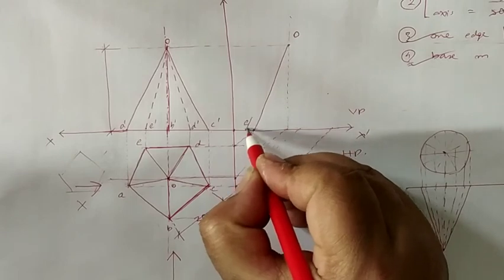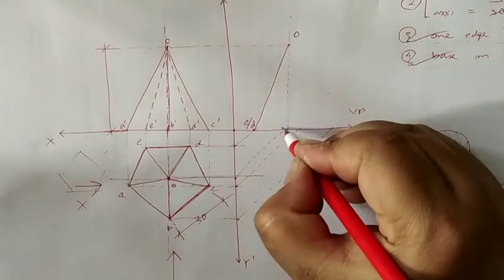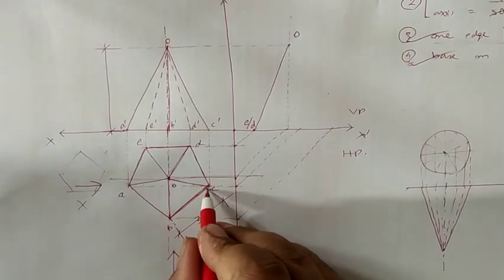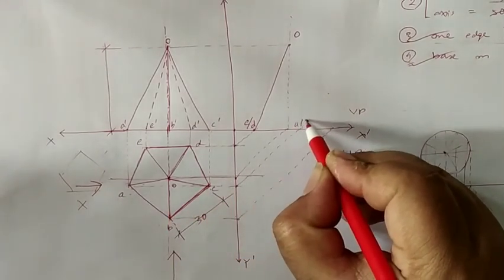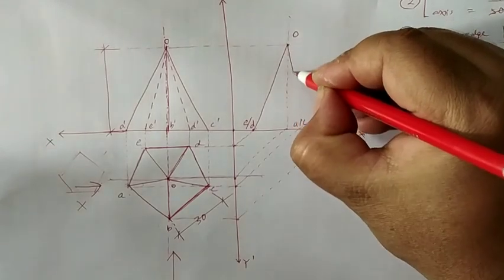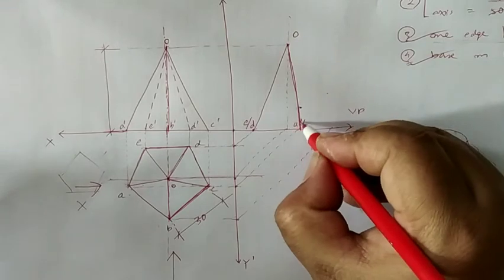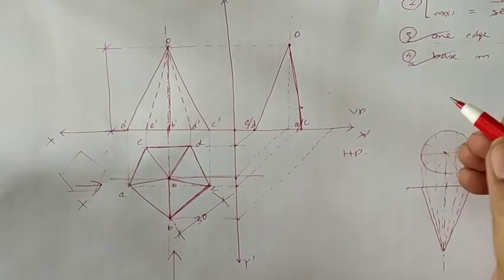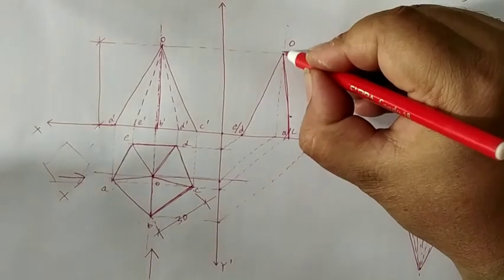So this is E by D. Then this is the line of O. Then comes this one. A and C will be collinear. This will be A by C, and you can join it. This is basically point A by C. And this is B. It went up to here, and this is B.